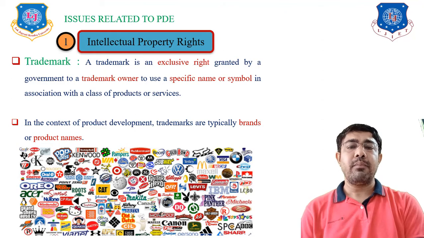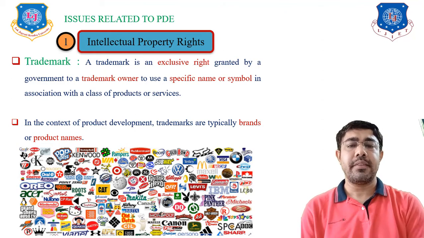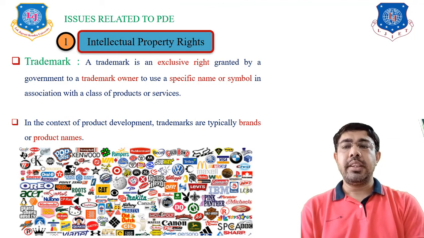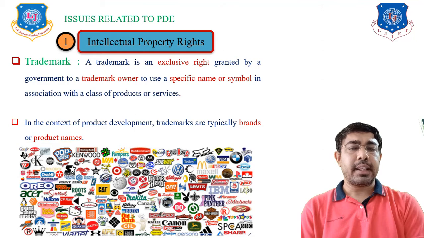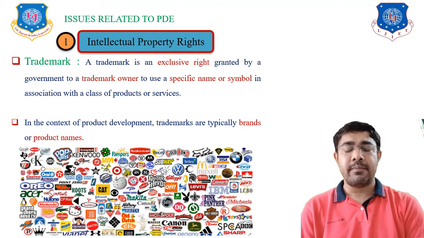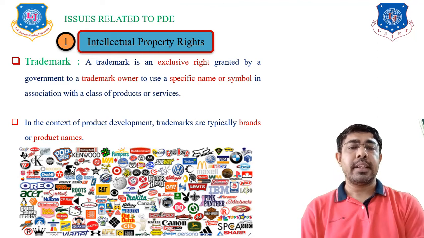So by those symbols you can identify the class of products or the service. In the context of product development, trademarks are typically brand or product names.